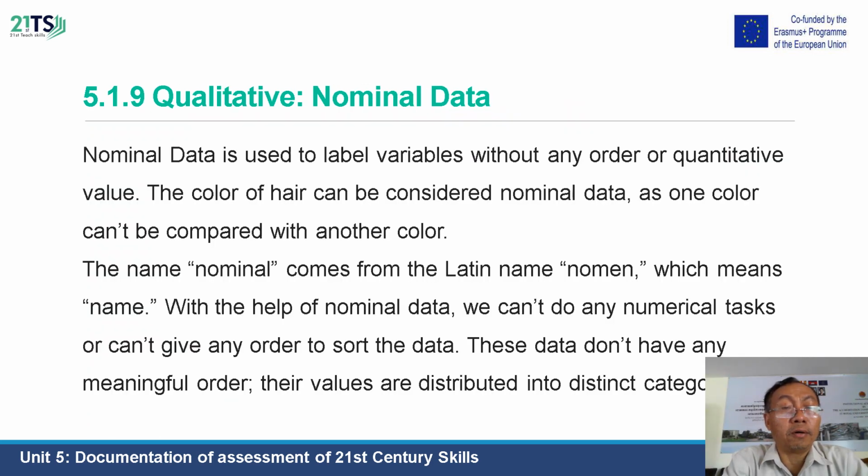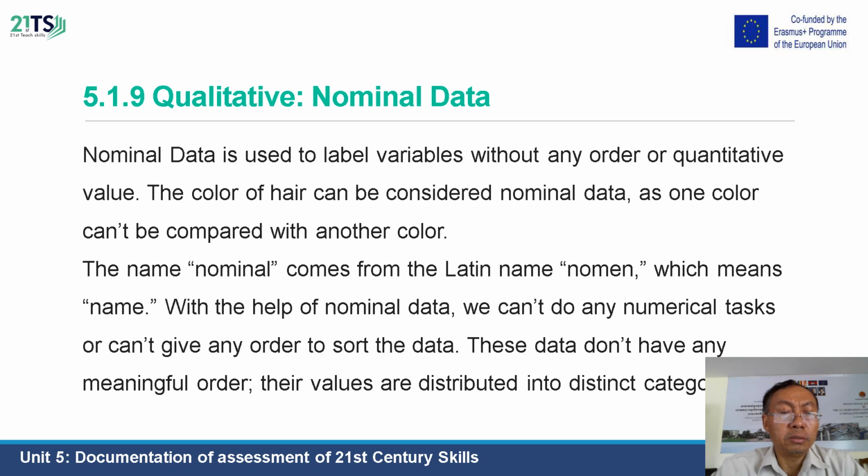The subset of qualitative data is nominal data. Nominal data is used to label variables without any order or quantitative value. The color of hair can be considered nominal data, as one color can be compared with other colors.